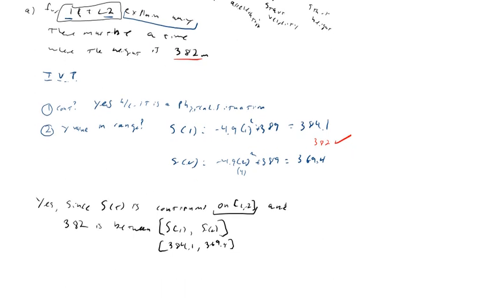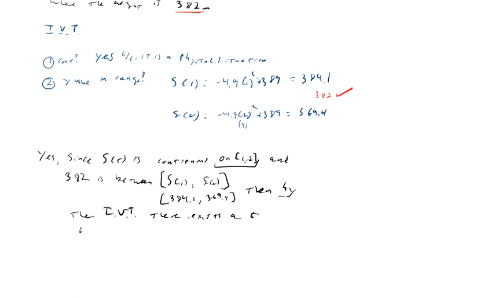Then, by the intermediate value theorem, there exists a t between 1 and 2 where S of t equals 382.